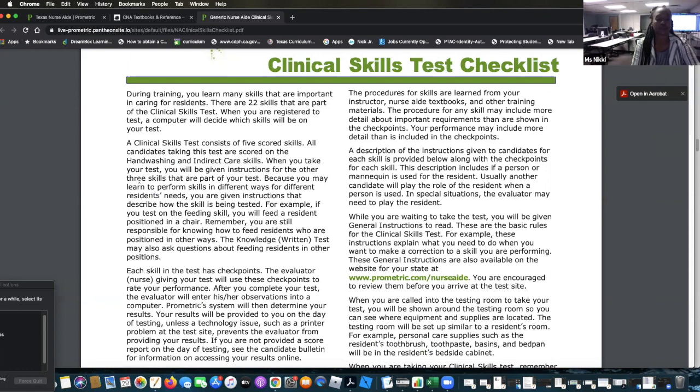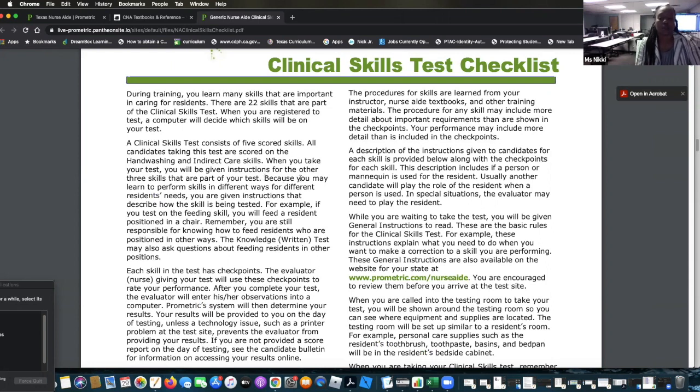When you take your test, you will be given instructions for the other skills that are part of your test. If you think about it, if you got hand washing and indirect care skills and a total of 5 skills, that means there are 3 other skills that we don't know that you will have, right?